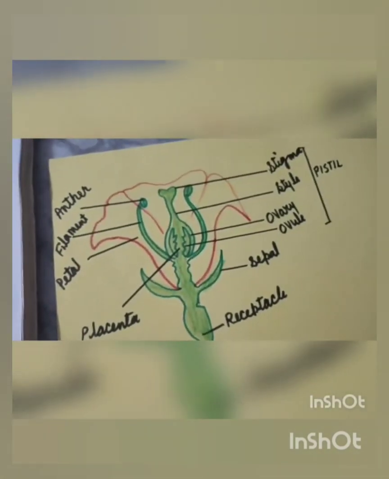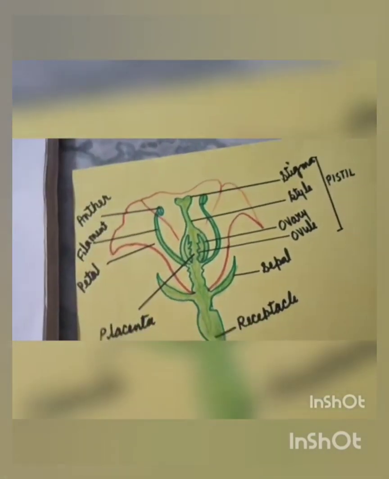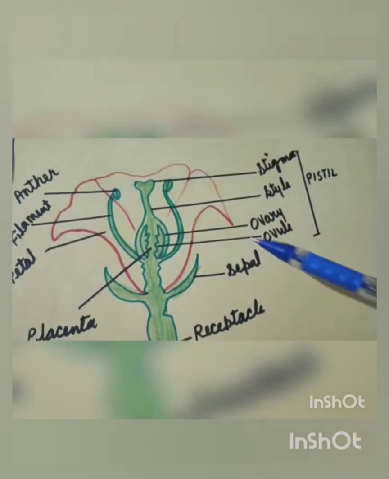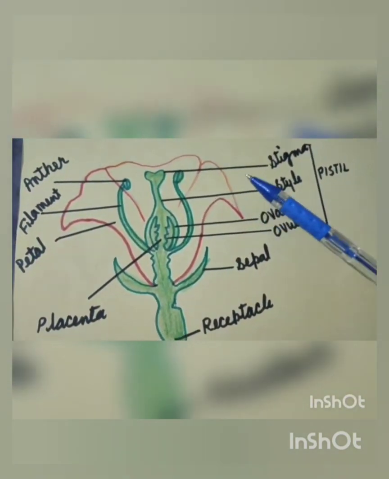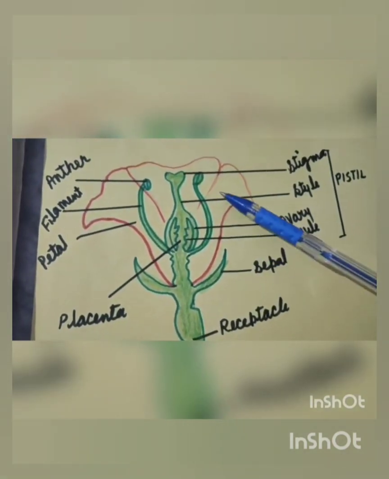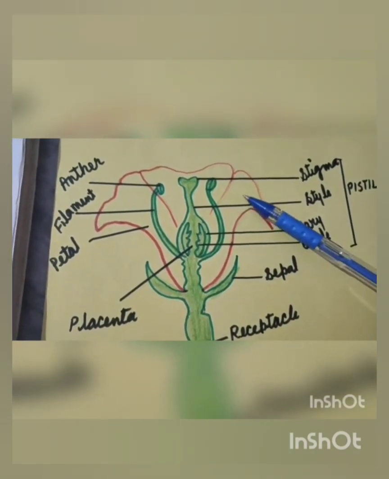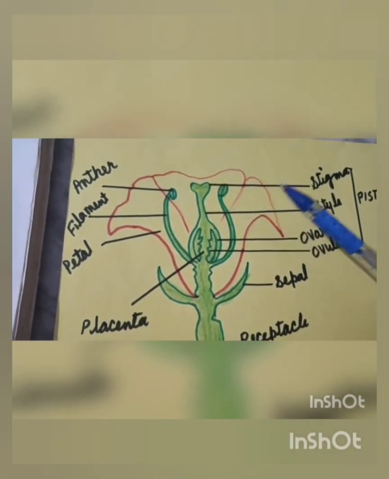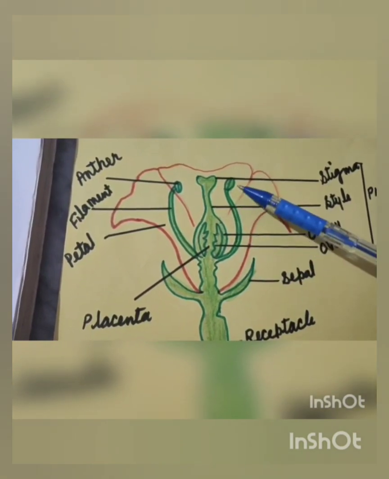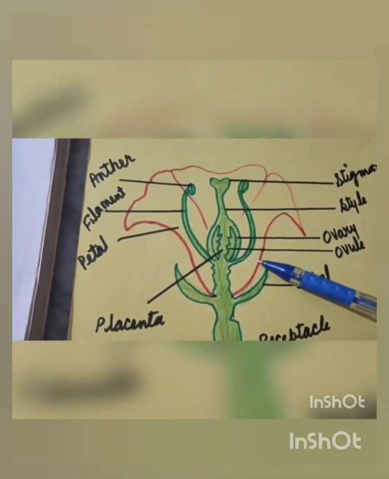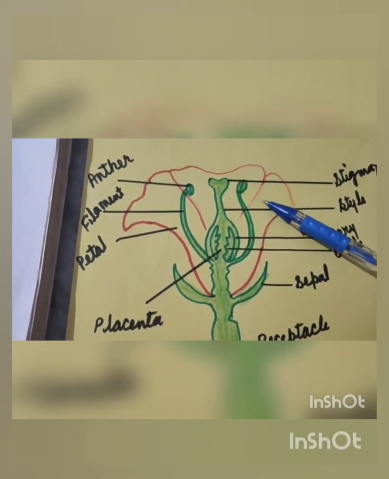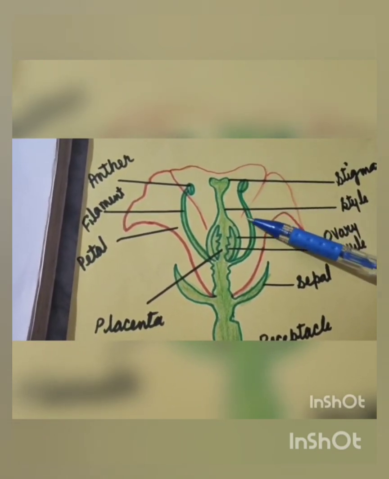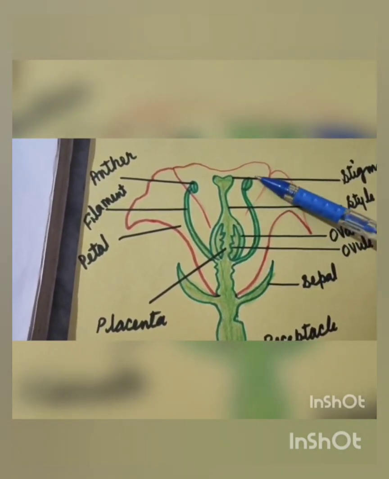Then second whorl. Second whorl is a large brightly colored part, means petals, and collectively petals are corolla. Then third whorl. Third whorl is the male part of a flower, and you see long thread-like structure, stamen.